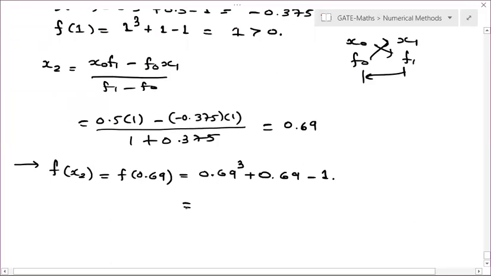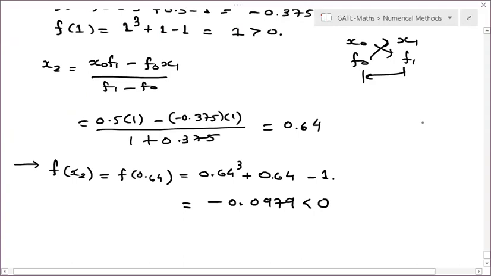Sorry, my mistake, it is 0.64. So 0.64 cube plus 0.64 minus 1. If you simplify this, you will get minus 0.0979, which is less than 0.